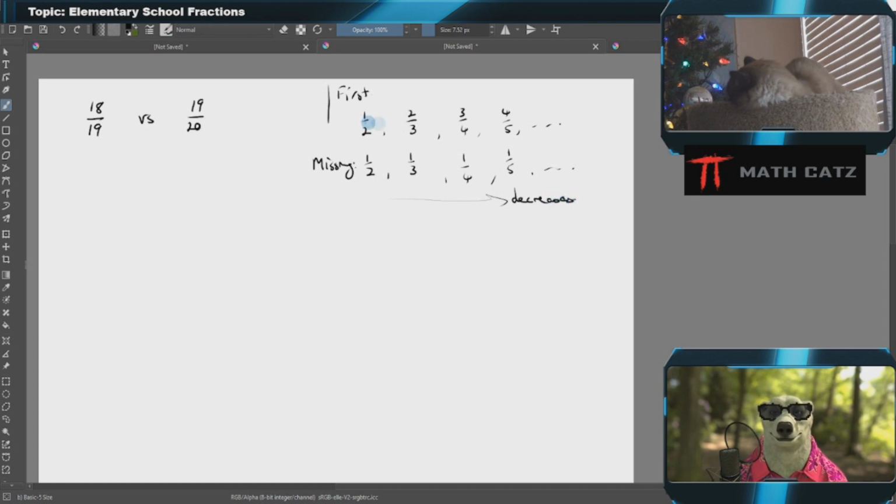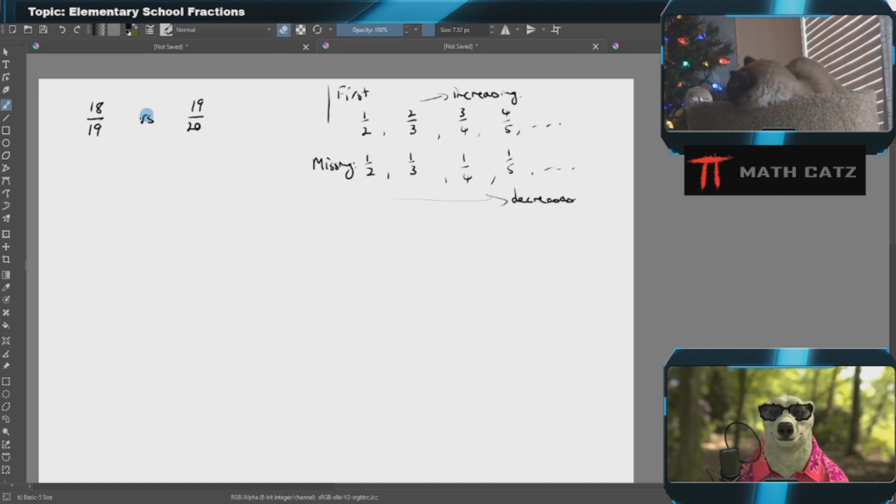So the sequence here that I'm making, where the denominators increase but the numerator is always 1 less, is an increasing sequence. That means the larger denominator with this structure has the bigger portion of a rectangle.